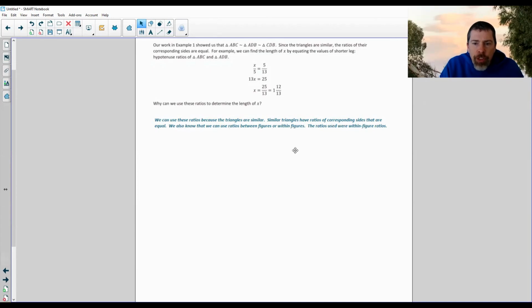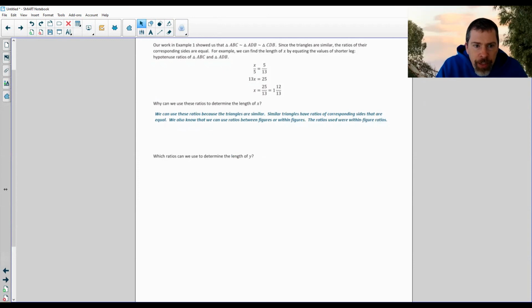The ratios used were within figure ratios. Before I get on to that, let's find x, or did we already? Okay, so yes, of course, they just showed the work right here.